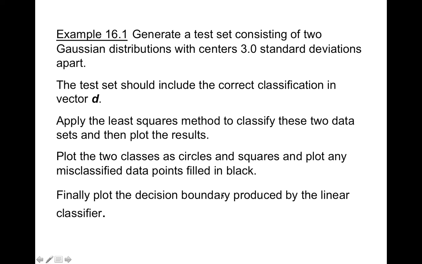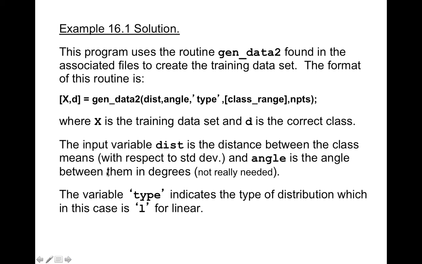And finally, we'll plot the decision boundary that's produced by the linear classifier. So there is a routine generate data that's given by your author in the associated chapter files, and it contains the syntax mentioned here.